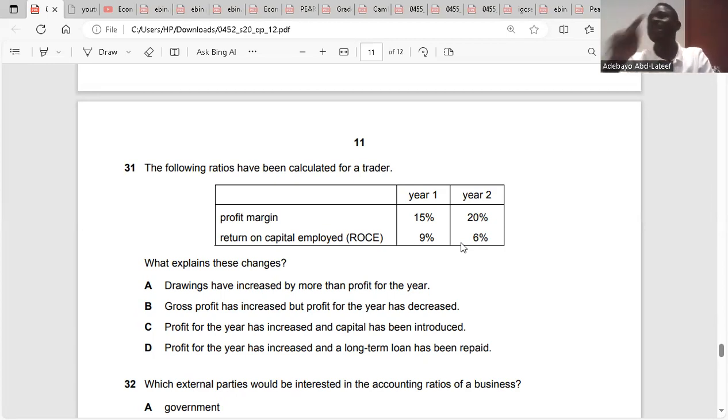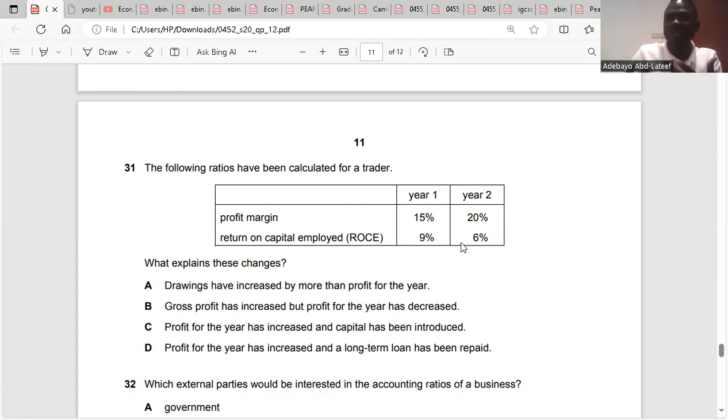Why would return on capital employed fall? What is the formula for return on capital employed? The formula is operating profit divided by capital employed multiplied by 100. So the amount of capital employed has increased. If it has increased, the return on capital employed would reduce because a lot of people have to share part of the returns now. A lot of investors have invested into the business.